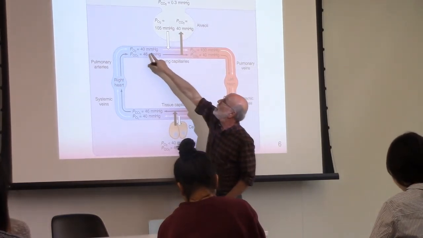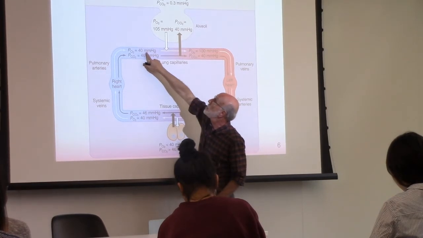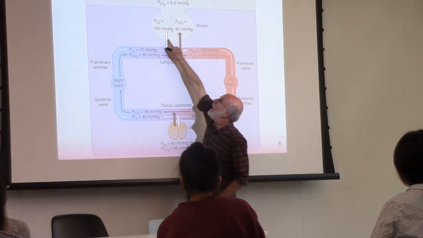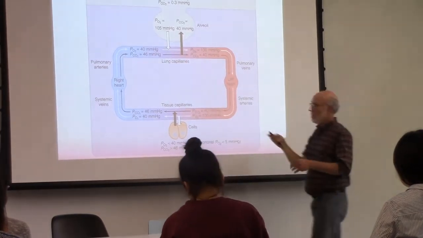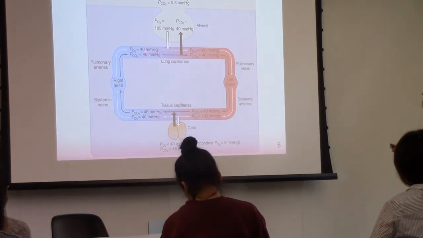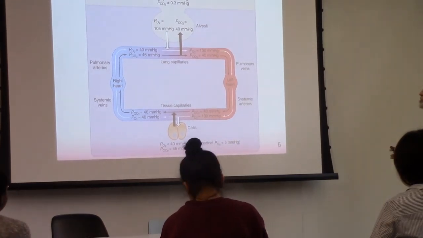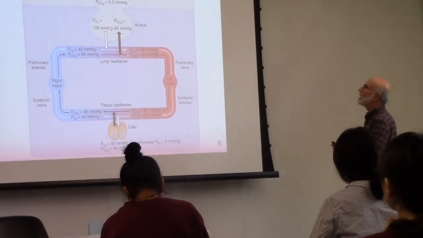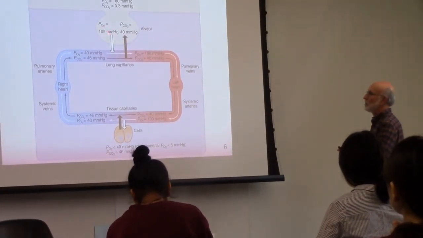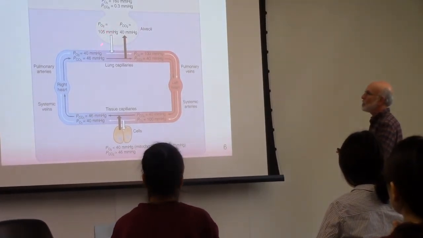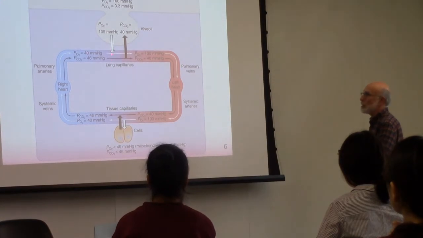The relatively low partial pressure of oxygen in the blood is in contact with the partial pressure of oxygen in the alveoli. This partial pressure is higher than this partial pressure, so diffusion happens.